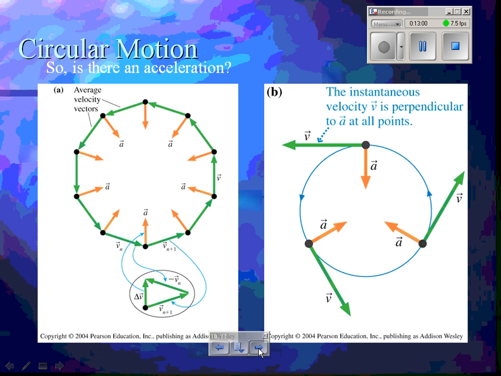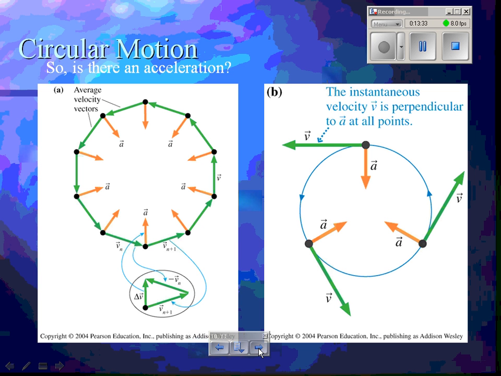Lastly, we talked about this early in the year as well, when we asked: is this a situation where you have acceleration occurring? And we decided that yes, it certainly is, because if we take a velocity at some later point in time, like this one, and subtract from it a velocity from an earlier point in time, this one, that difference in velocity divided by change in time is going to give you an acceleration.